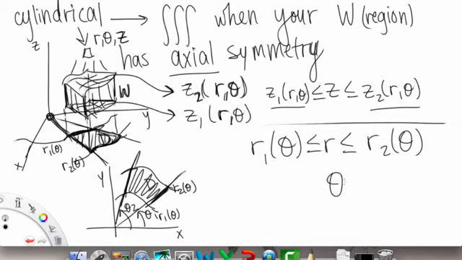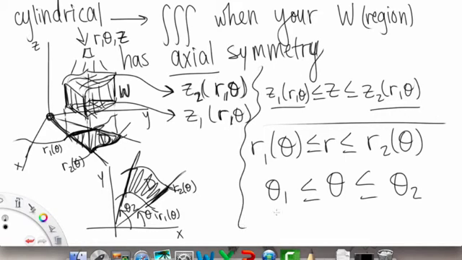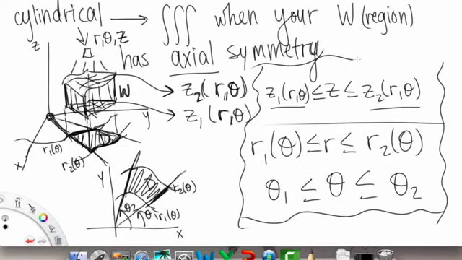And then lastly, the most simple is theta going from theta 1, which is a constant, up to theta 2. All right? So make sure you take note of these bounds, and we'll be utilizing them in the next slide when I set up the actual triple integral.